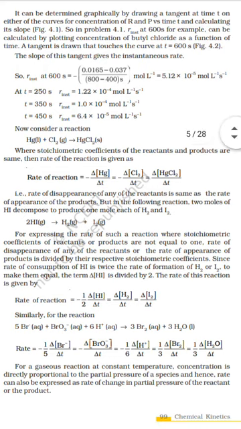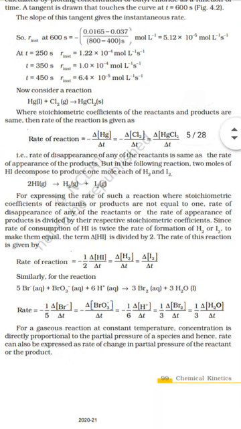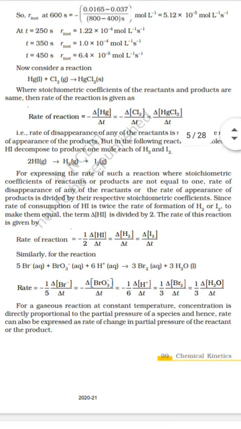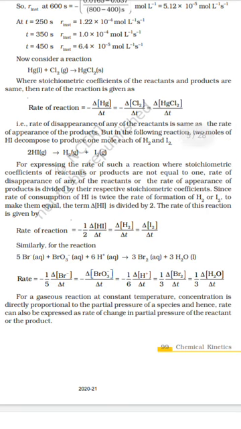But in the following reaction, 2 moles of HI decompose to produce 1 mole each of H2 and I2: 2HI to form H2 plus I2. For expressing the rate of such reactions, where stoichiometric coefficients of reactant or product are not equal to 1, the rate of disappearance of any reactant or rate of appearance of product is divided by their respective stoichiometric coefficients.